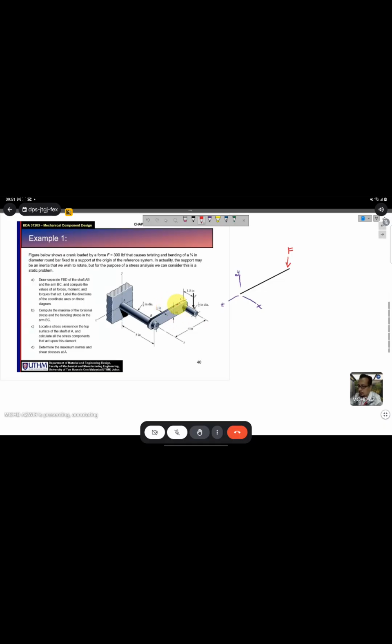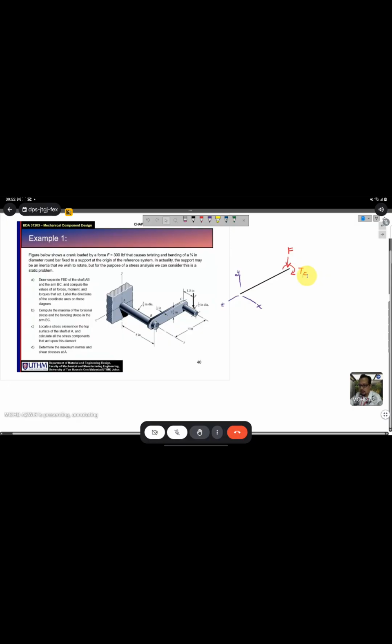So there is a torsion, in this direction. Maybe I put T_C, torque at C. So this is the acting load, F and T_C.